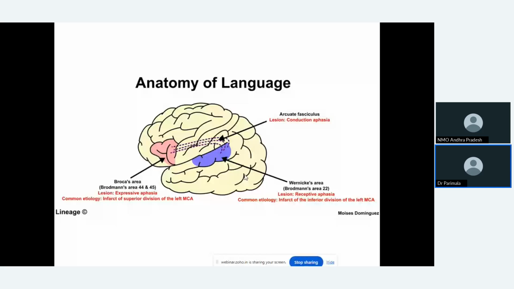The brain which receives the information and the brain which speaks is the left hemisphere. In the dominant hemisphere, inferior frontal gyrus, Broca's area is located and it is connected to the sensory speech area called Wernicke's area, which different textbooks describe in different ways.